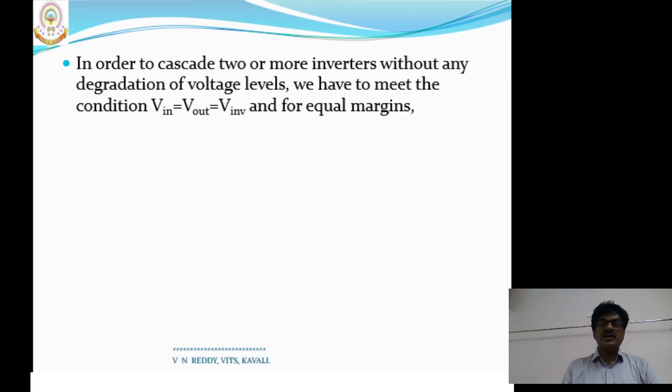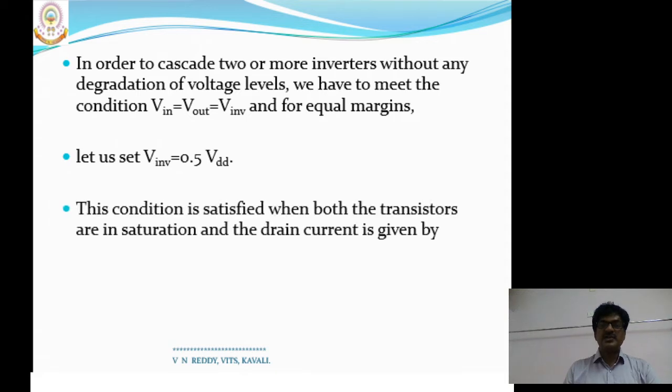So it should be half of the VDD for the symmetrical operation. To achieve this condition, how much ratio we need to maintain? If you satisfy this condition, automatically you can get the symmetry.